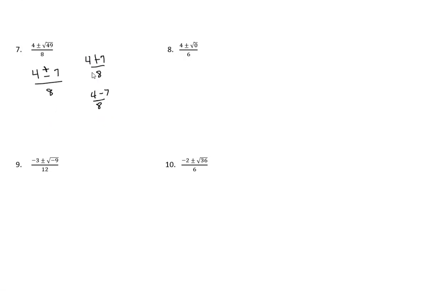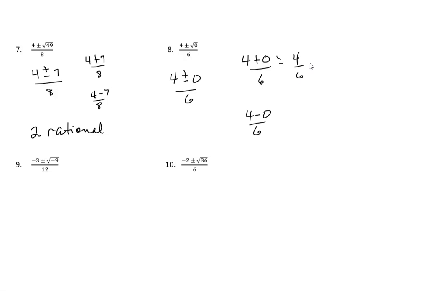So I have rational answers, and I've got 2 of them. In problem 8, I have the square root of 0 is 0. So if I looked at this as 4 plus 0 over 6 and 4 minus 0 over 6, I still have the same answer either way. Both of these simplify to 2/3, so I have one rational answer.